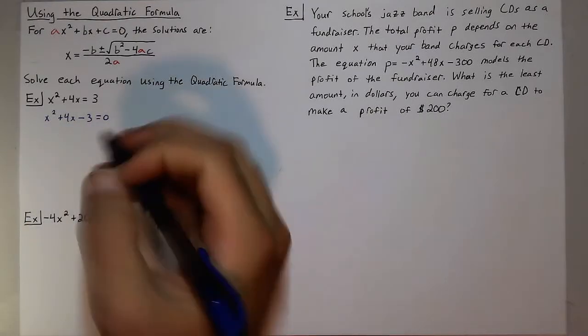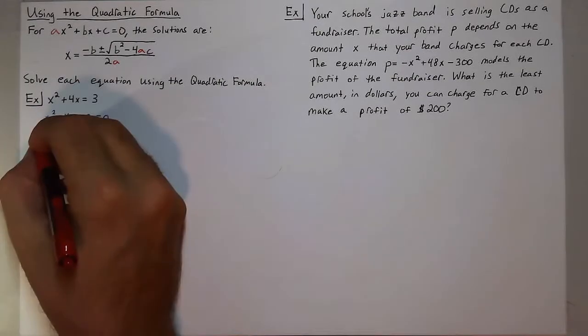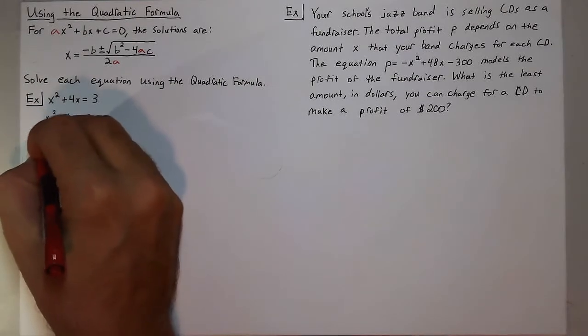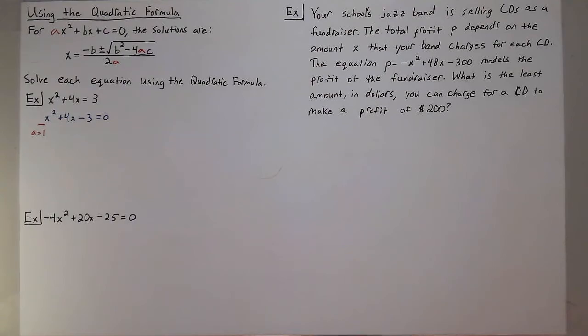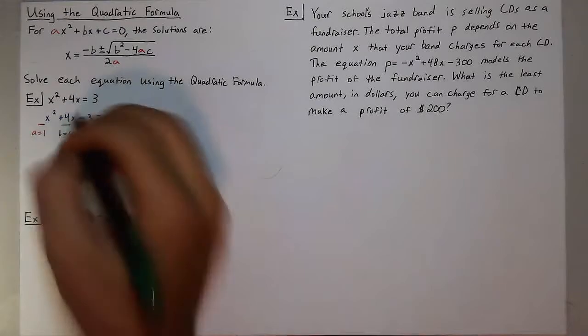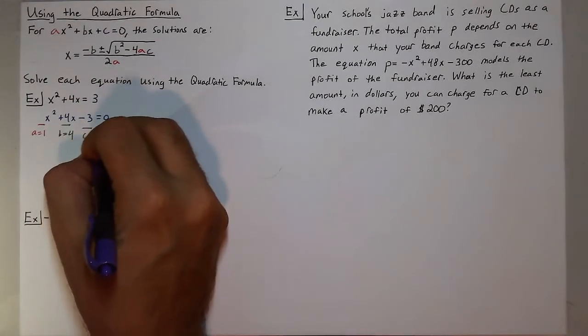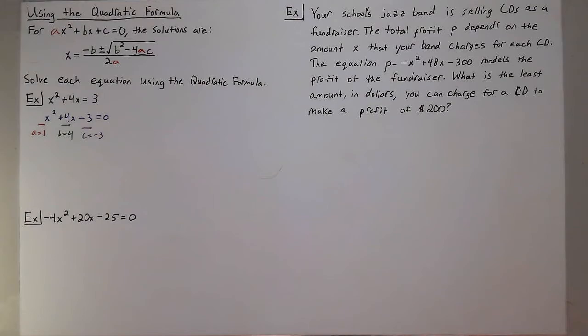But using the quadratic formula, we have our a, which is an understood 1, our b, which is 4, and our c, which is negative 3. Now we'll go ahead and plug these values into the quadratic formula.